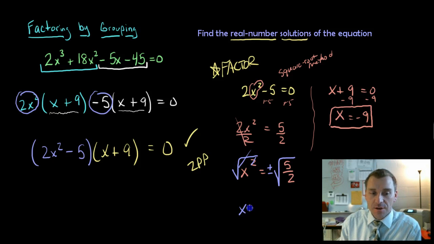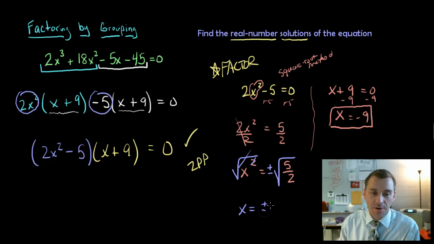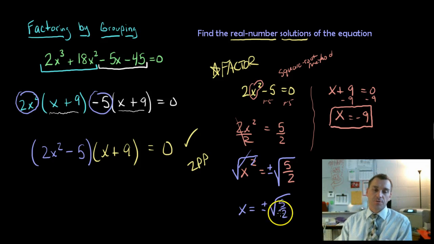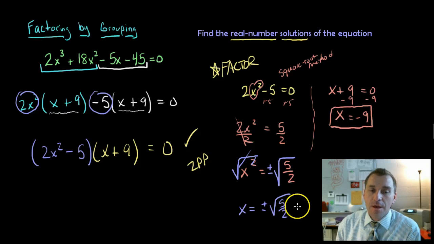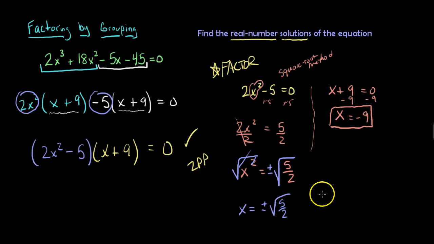I'm left with x equals plus or minus the square root of 5 over 2. Now that means you have 3 answers. So either x equals negative 9, or x equals positive square root of 5 over 2, or x equals negative square root of 5 over 2.